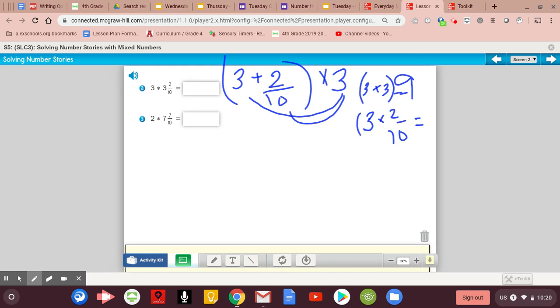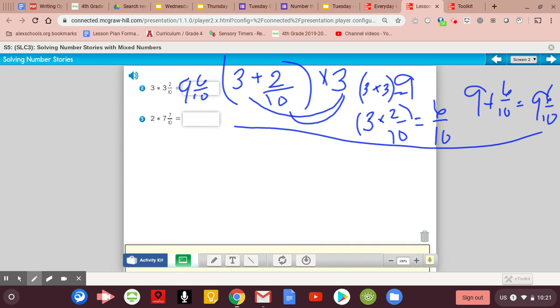I'm going to multiply across the top. 3 times 2 is 6. That gives me 6/10. Then I'm going to add 9 plus 6/10 will give me 9 and 6/10. Very good. So that is your answer. I'm going to just write it 9 and 6/10 over here so I know where it goes.